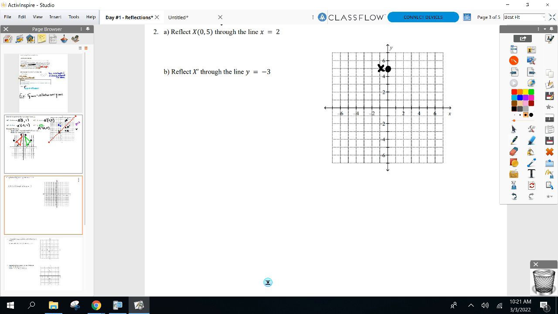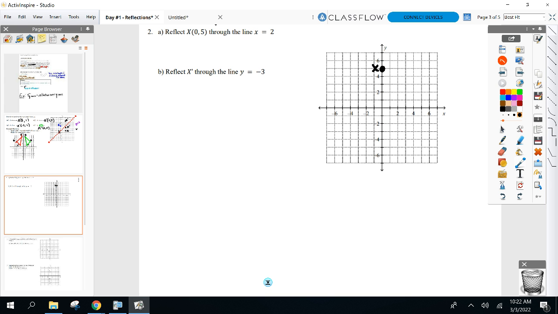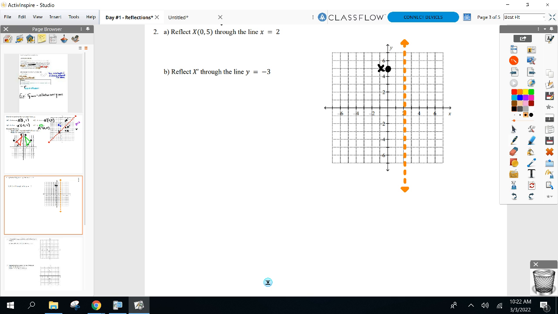What do you think X equals 2 is going to look like? X equals 2. What type of line are we working with? Vertical line. Yes, a vertical line going through 2. X equals a number is always vertical. Y is horizontal.